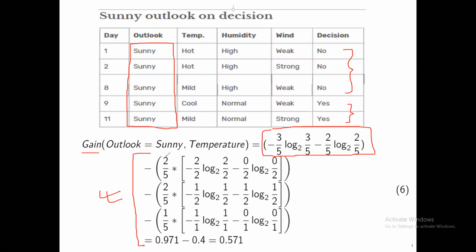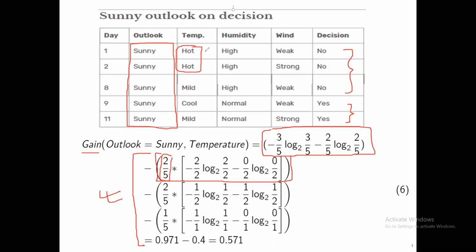In the first place, you can see that we have calculated the entropy for temperature equal to hot and multiplied that with the probability for hot. There are only 2 values for hot, so the probability will be 2 out of 5, and we multiplied that with the entropy for temperature equal to hot given that outlook is equal to sunny.